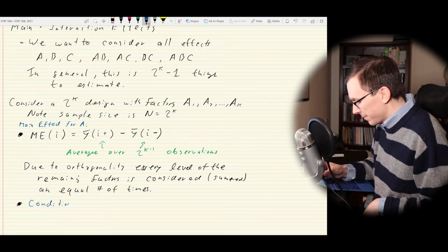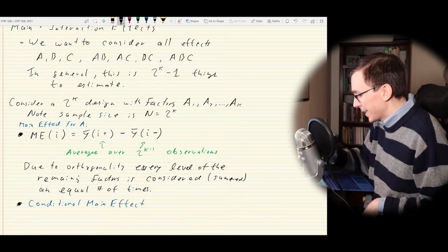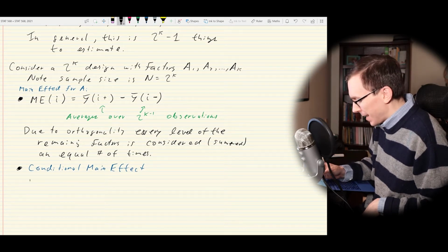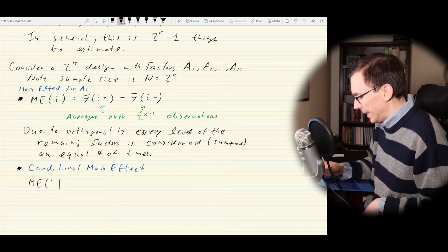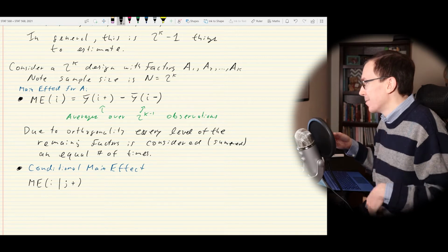Conditional main effect. Now, the conditional main effect is kind of what you would expect when I say condition. We're going to be computing the main effect for I once again, but we're going to condition on, let's say, factor j having the value of plus. It could have the value of minus, it could have whatever you want.